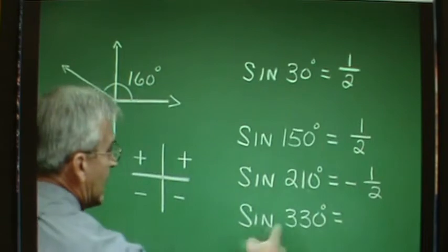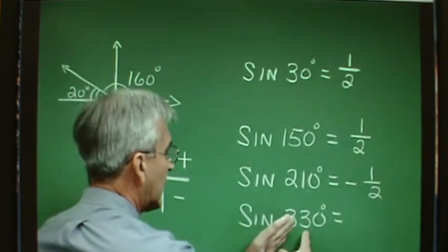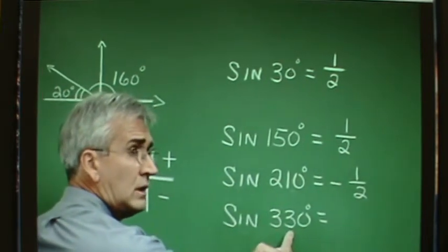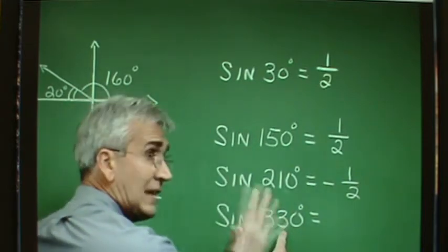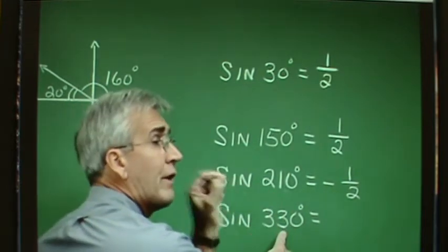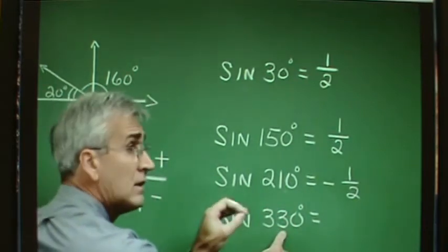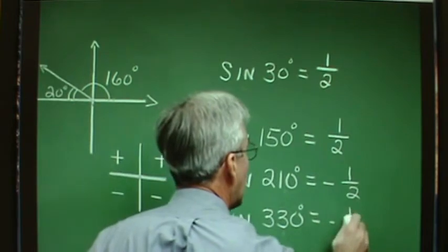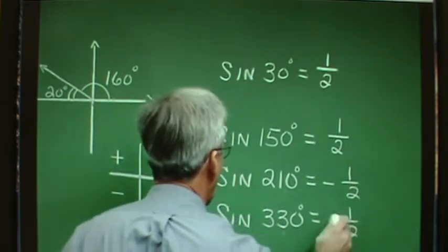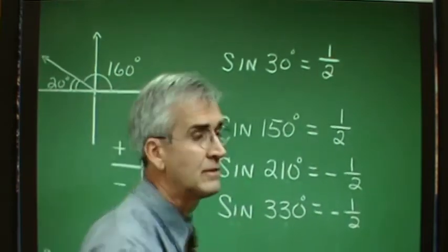And for the sine of 330, 330 degrees is in the fourth quadrant, and the reference angle is 360 minus 330, that's a 30-degree angle. But the sine function is negative in the fourth quadrant, so again we get negative 1/2 for the sine of 330 degrees.